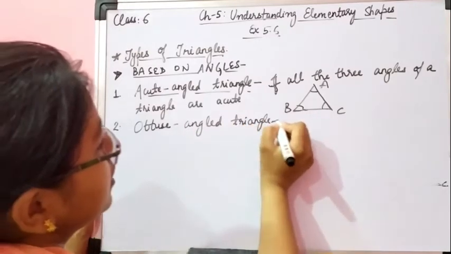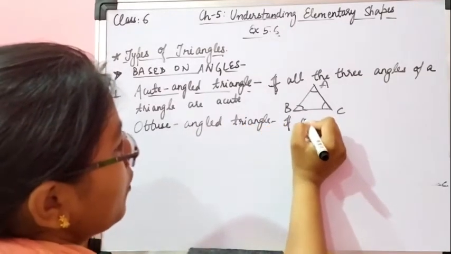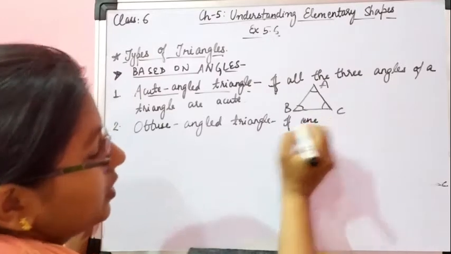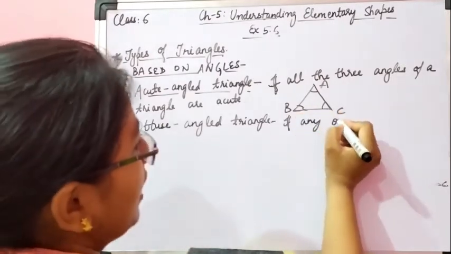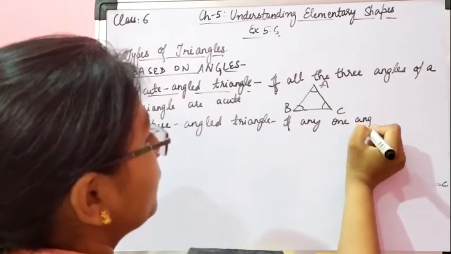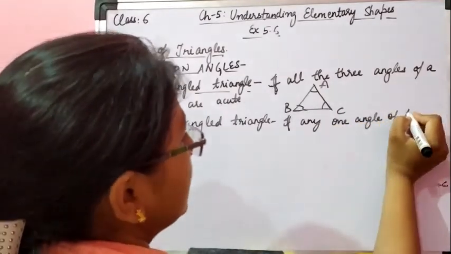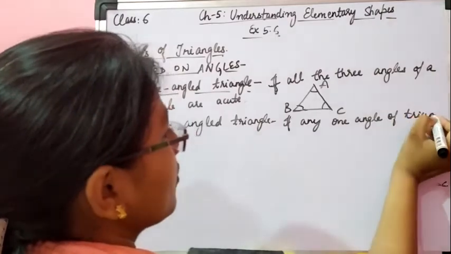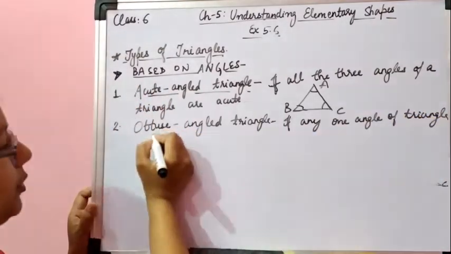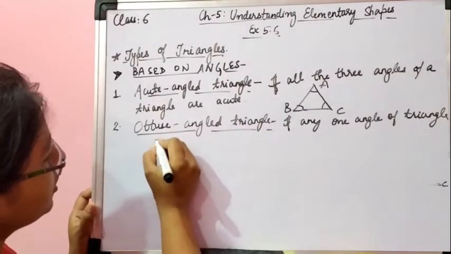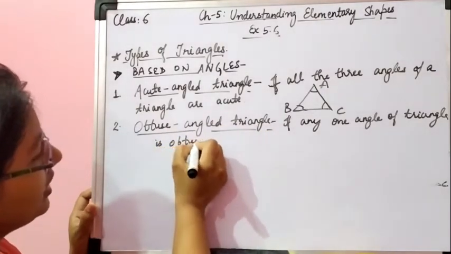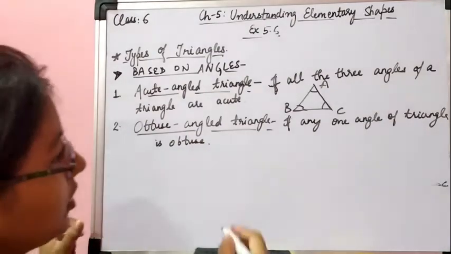In this, if any one angle of the triangle is obtuse, then it is an obtuse angled triangle.